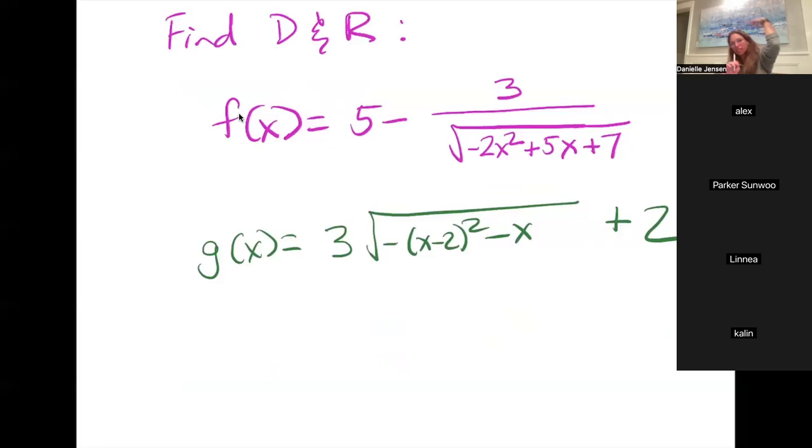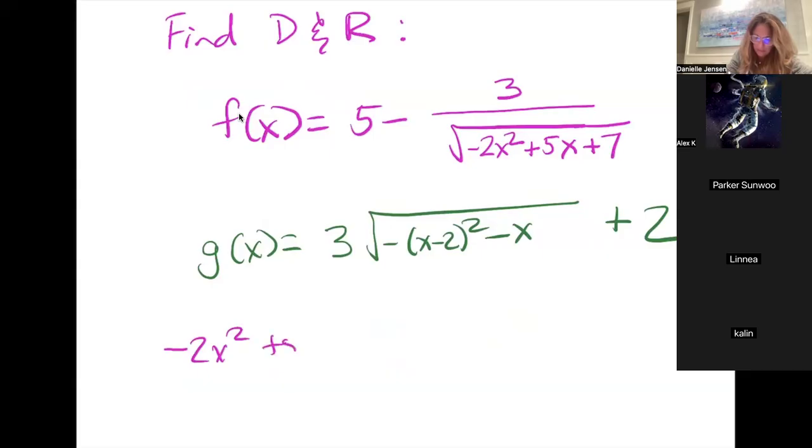How would you set up the domain? What do I have to worry about? Greater than 0. Greater than 0, right? Not greater than or equal to because it's in the denominator. So negative 2x squared plus 5x plus 7, just greater than 0.